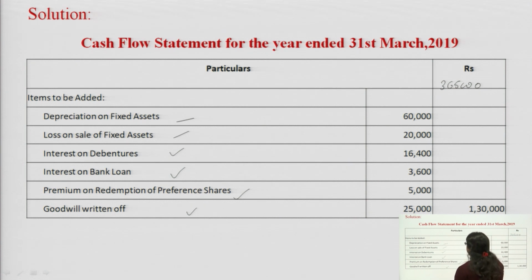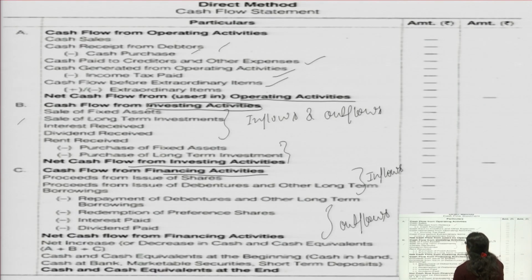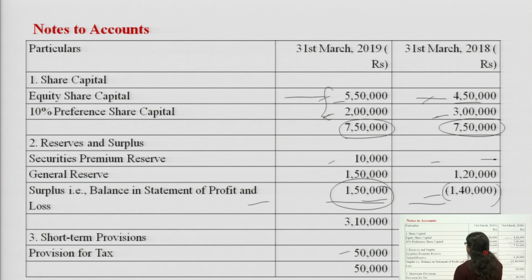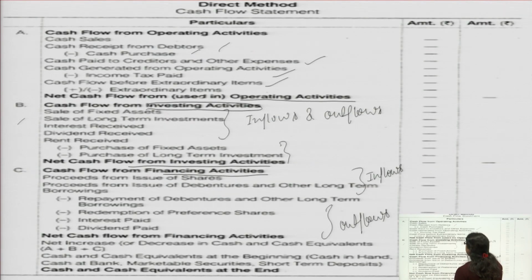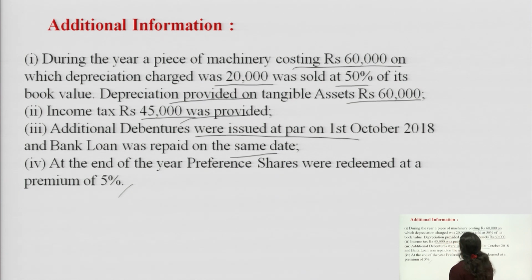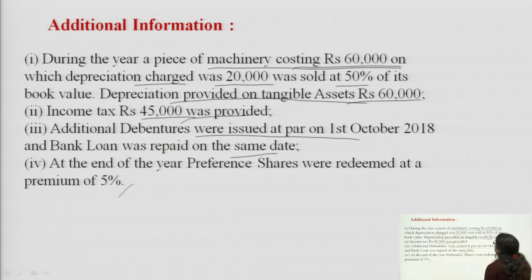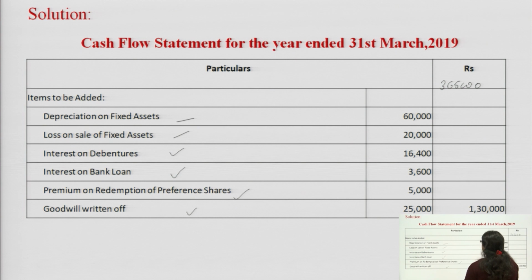Fixed assets, the depreciation in the adjustment, depreciation is being given. It is tangible 60,000, and a piece of machinery purchased for 60,000, on which the depreciation charge was rupees 20,000, was sold at 50% of its book value. So, the amount which is coming out is 60,000.